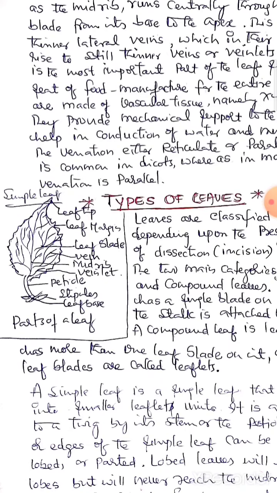Lobed leaves will have gaps between lobes but will never reach the midrib. Examples are maple or sweet gum and other plants.